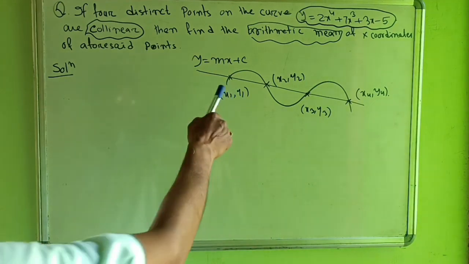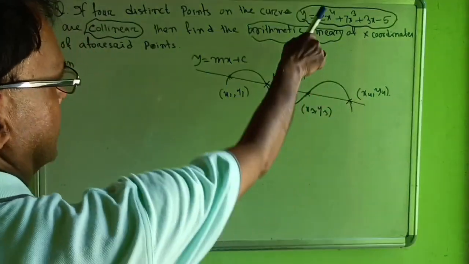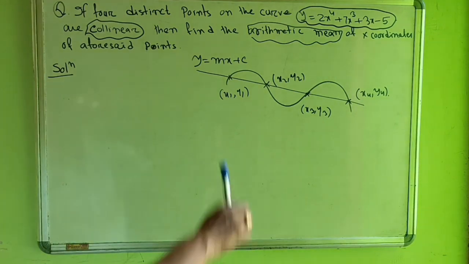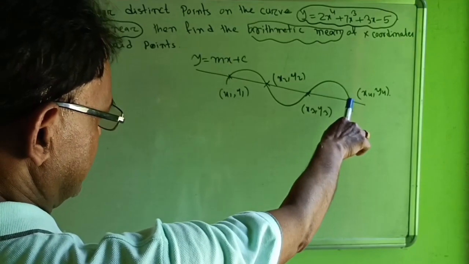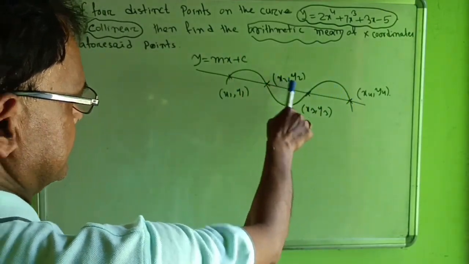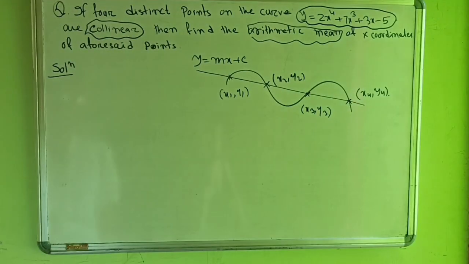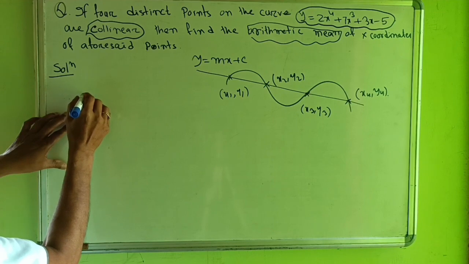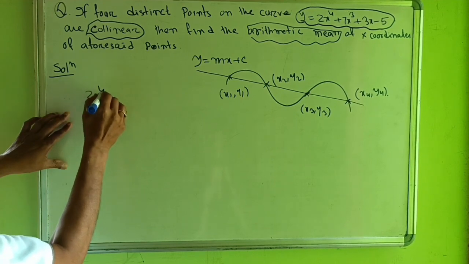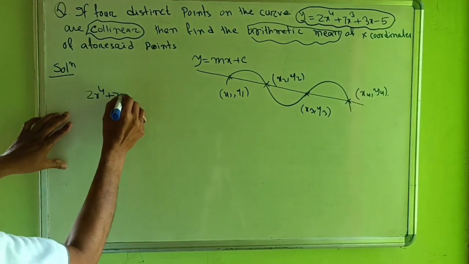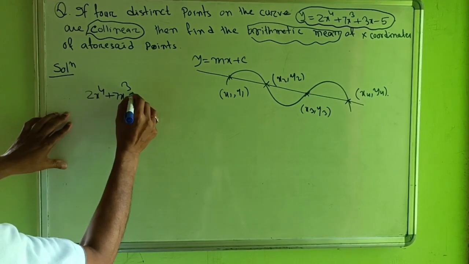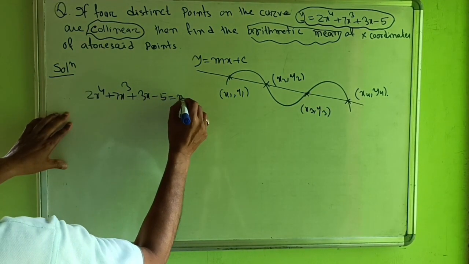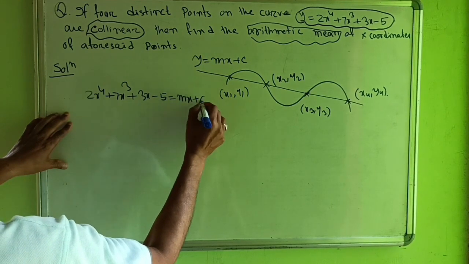These are the roots of these equations. Since this line and this curve satisfy these 4 points, we can say 2x to the power 4 plus 7x cubed plus 3x minus 5 is equal to mx plus c.